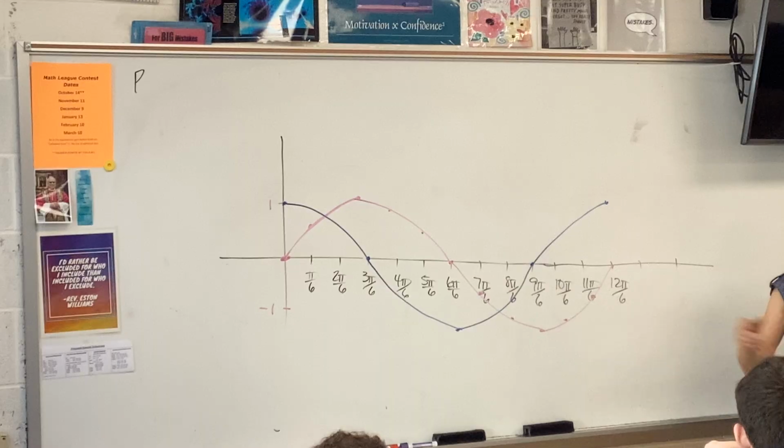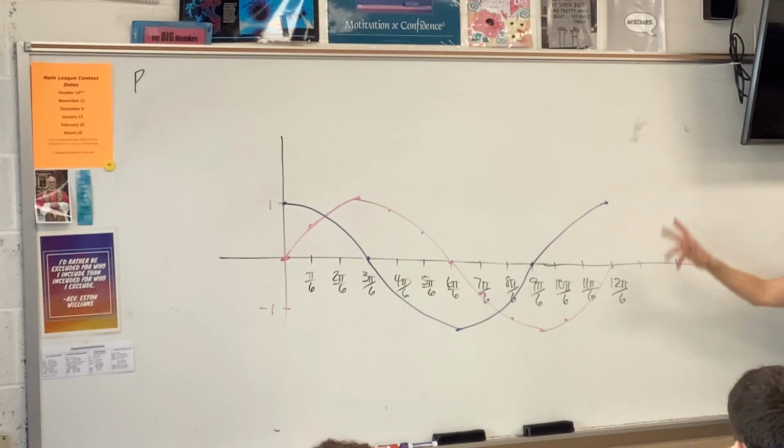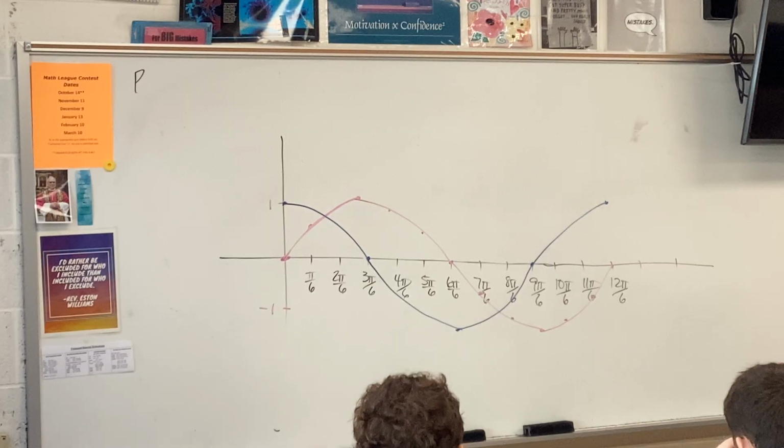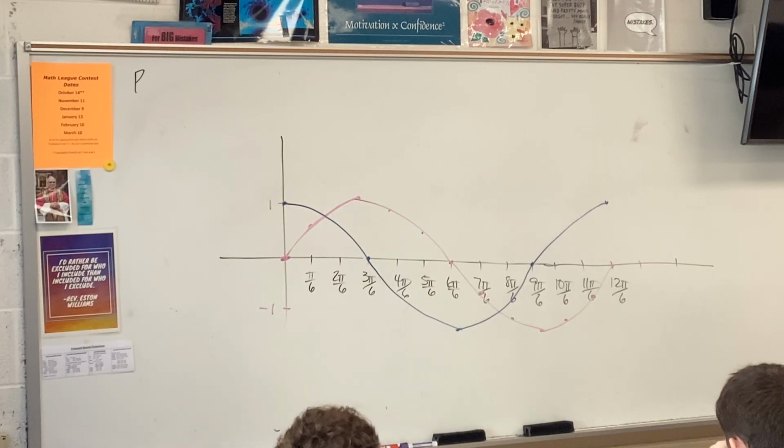Things that look like this are called sinusoidal, and people hear that word and they think you have to be a sine to be sinusoidal, but you don't, because a cosine is exactly the same as a shifted sine curve, right? So anything with this kind of repeated hill and valley, whether it's a sine or a cosine, is called a sinusoidal curve. Okay?